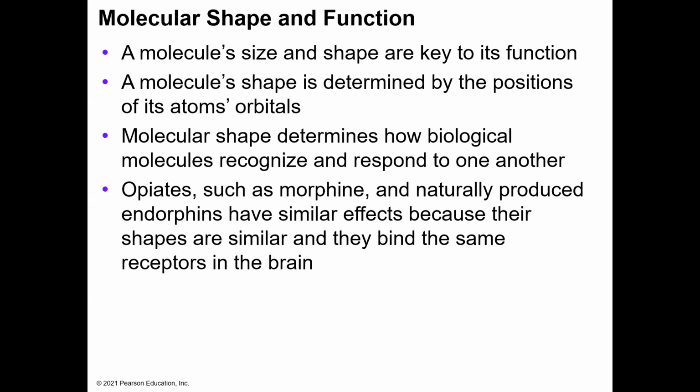Molecular shape determines how biological molecules recognize and respond to each other. So, for example, opiates such as morphine and naturally produced endorphins have similar effects because of the shape of their molecules.